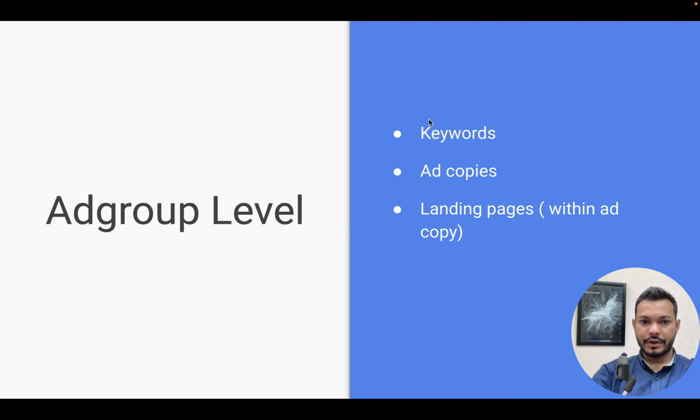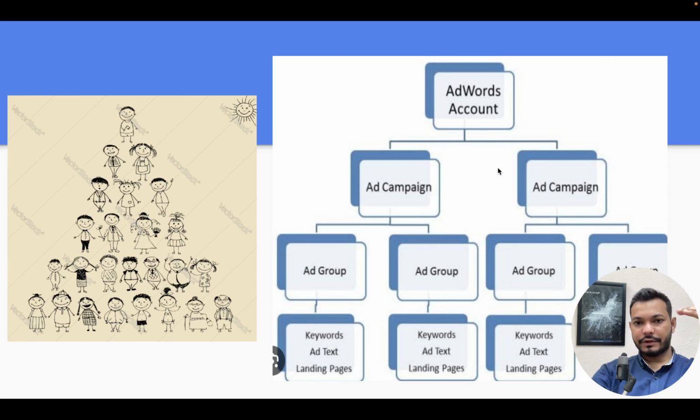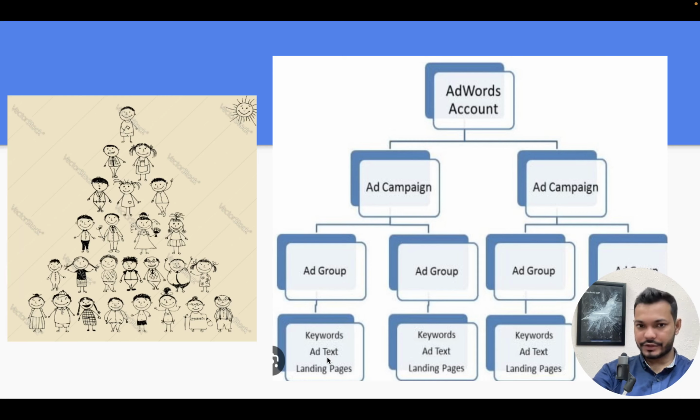All these three key players of your campaign get added at the ad group level. So you have three layers in this account: campaign, ad group, and then the keywords, ad text, and landing pages. That's all about the structure, which I hope is quite clear.